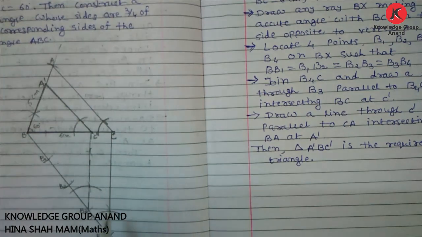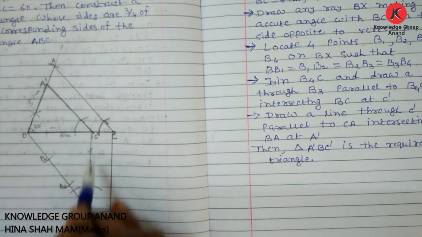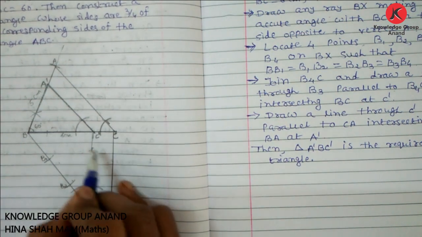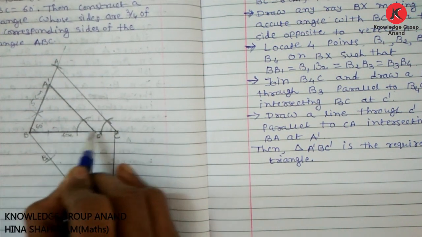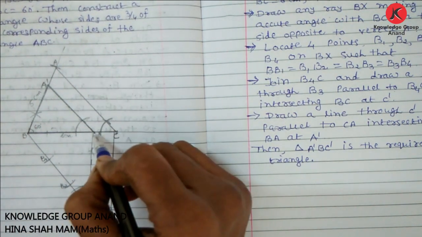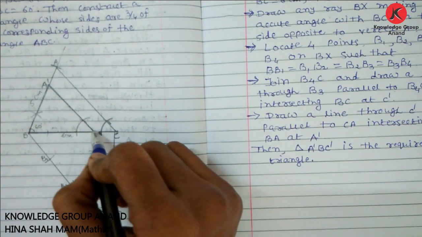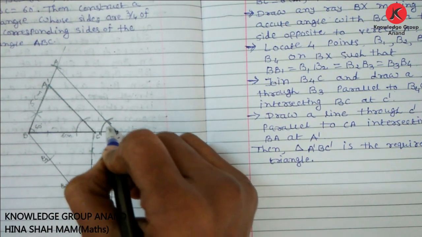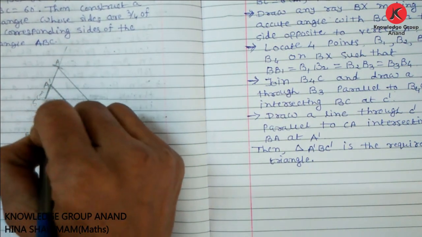Join denominator number 4, B4 to C. Then draw parallel to B4C through B3 intersecting BC at C dash. Then draw a line through C dash parallel to AC and intersecting BA at A dash.